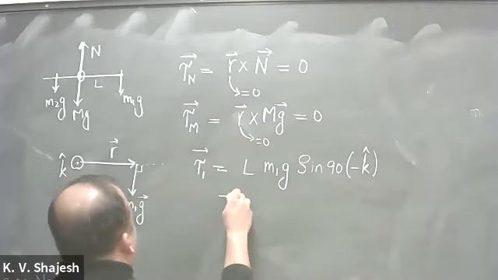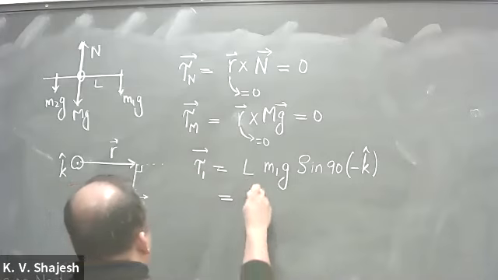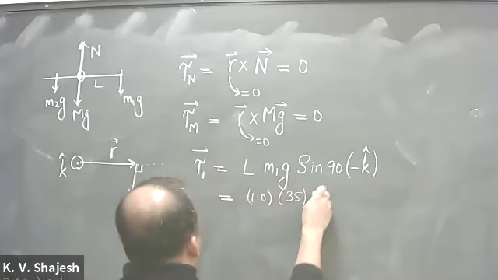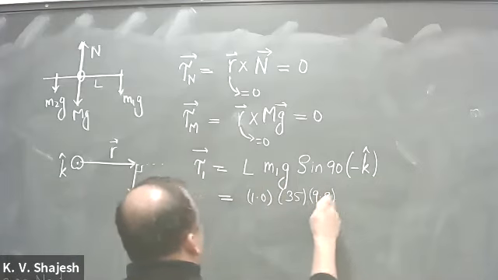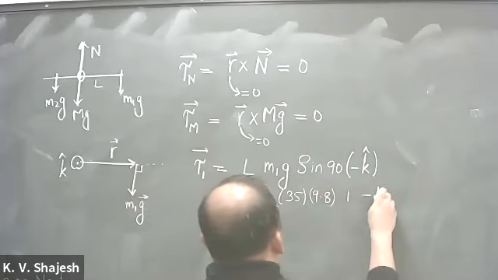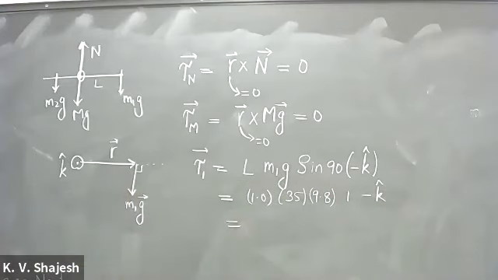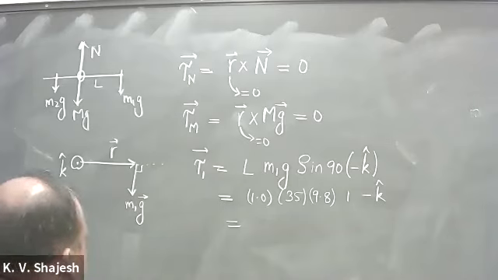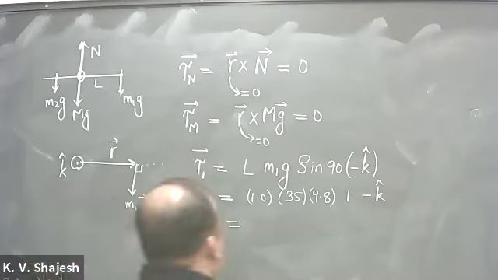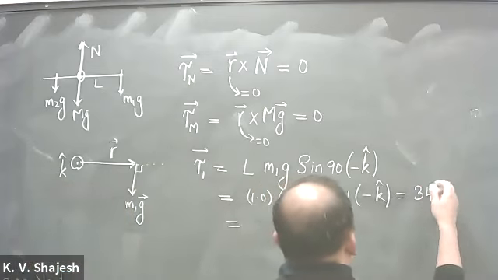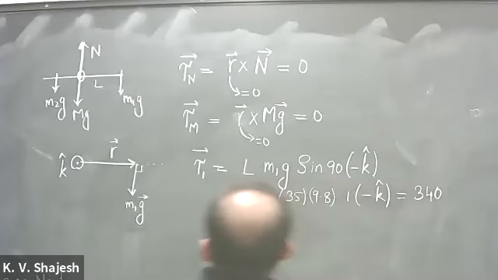L was 1, M1g was 35 kg times 9.8, times 1, times minus k hat. That's 35 times 9.8, which is 343, or 340 in two significant digits.